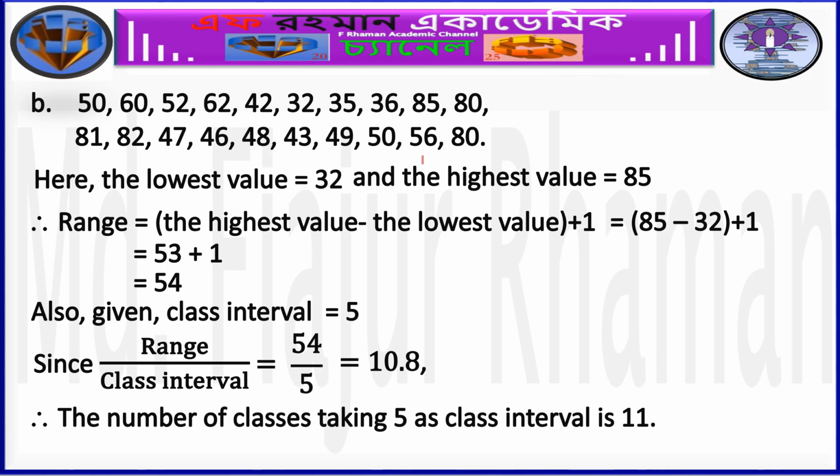Dear learners, it's very much important to remark that if the class interval is not given as 5, then you should consider the class interval as 10, but you should remember, if you consider the class interval is 10, and the number of classes is less than 5, then you should consider the class interval as 5, because the number of classes can never be less than 5.